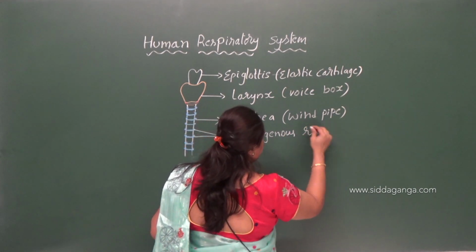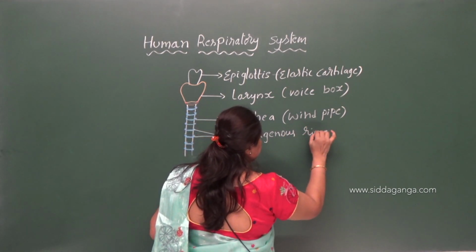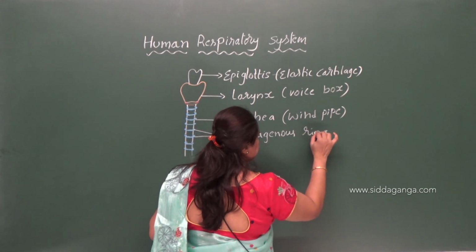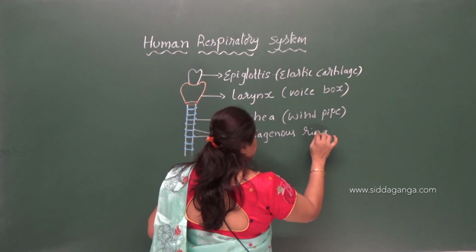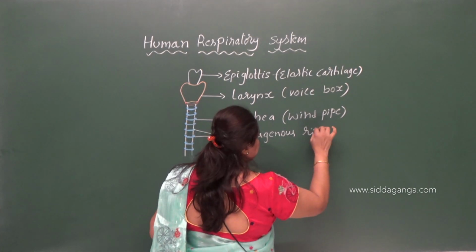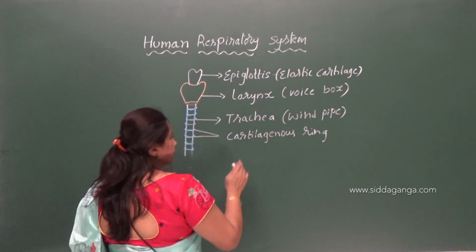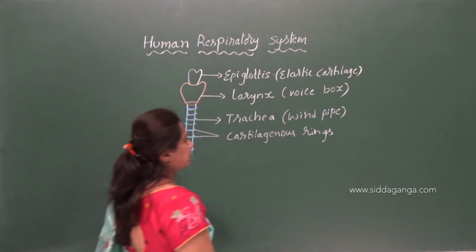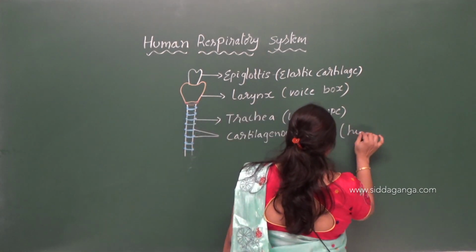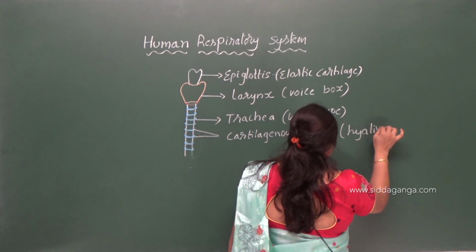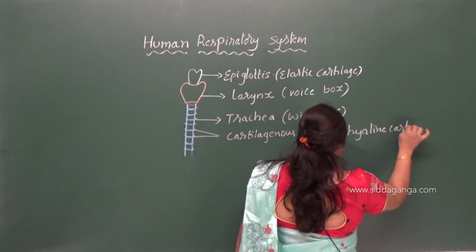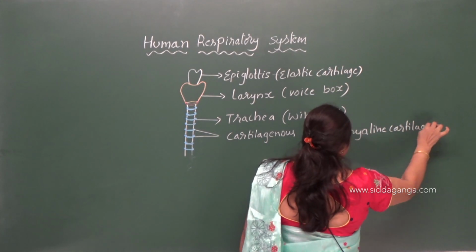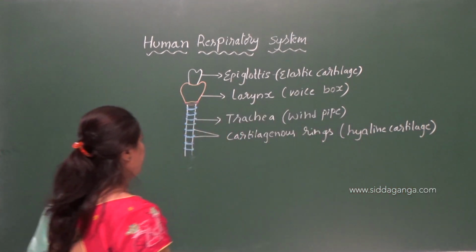They are present only on the front part of the trachea, and on the back side, that is the dorsal side, these cartilaginous rings are not present. So the cartilaginous rings are composed of which type of cartilage? Hyaline cartilage.